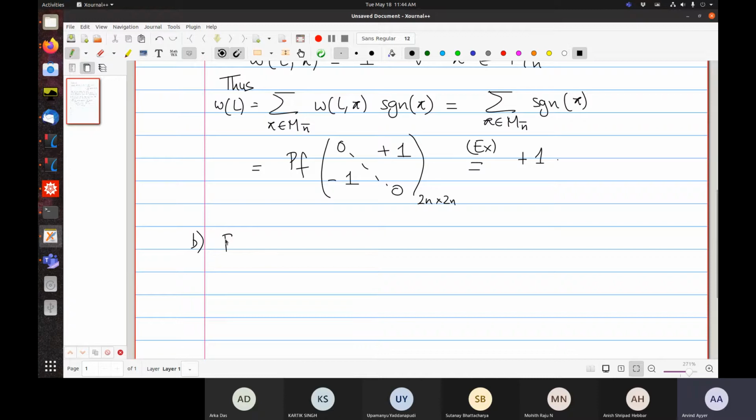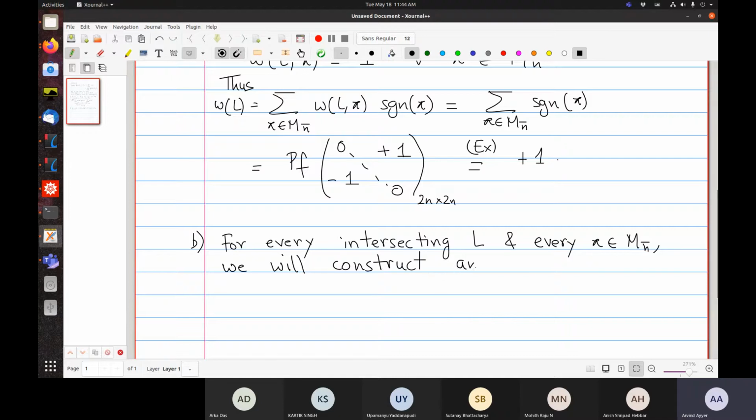So for every intersecting L and every pi in Mn bar, we will construct another pair L prime, pi prime with opposite sign, with opposite weights.